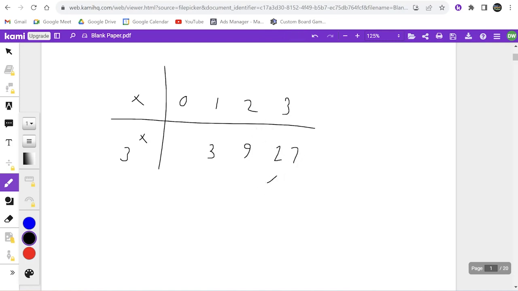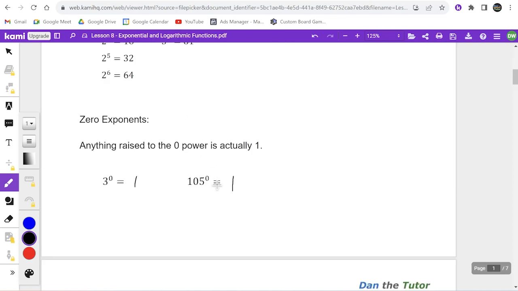In other words, each time I'm dividing by 3. There's a pattern here. And if I were to divide the next one by 3, well, 3 divided by 3 is 1. So following this pattern, it makes sense that 0 is going to be 1, no matter what the number is. So you don't have to memorize the proof. You can just memorize the fact that anything to the 0 power will always be 1.